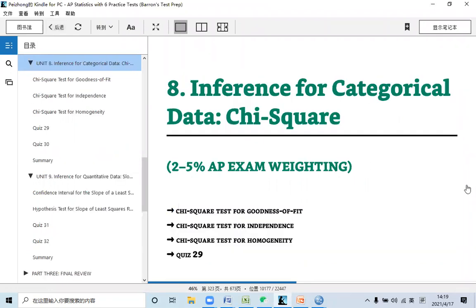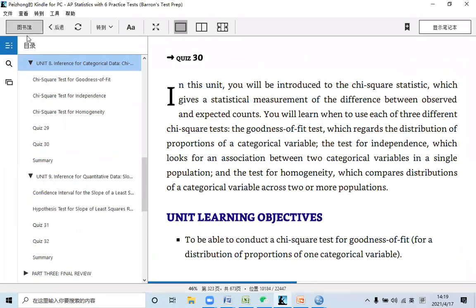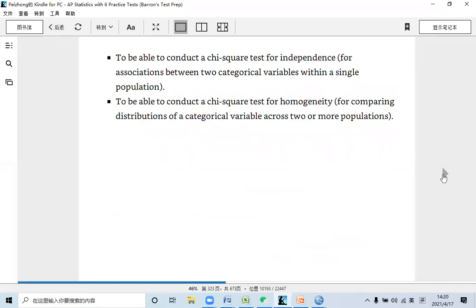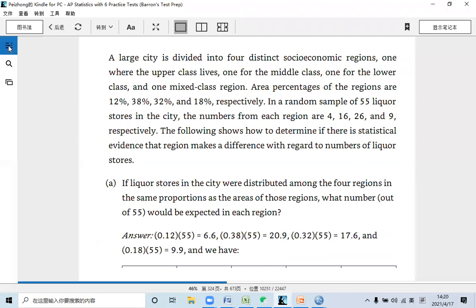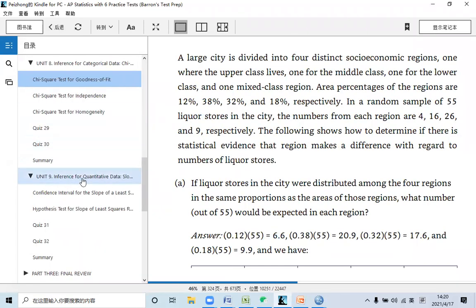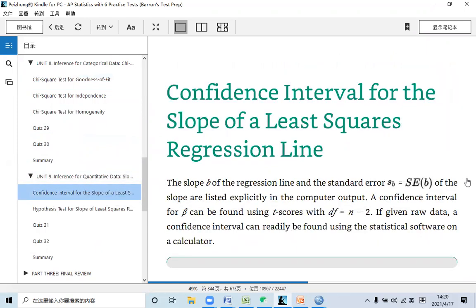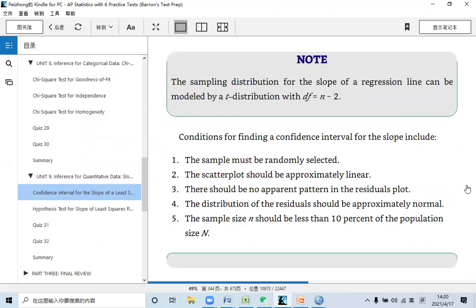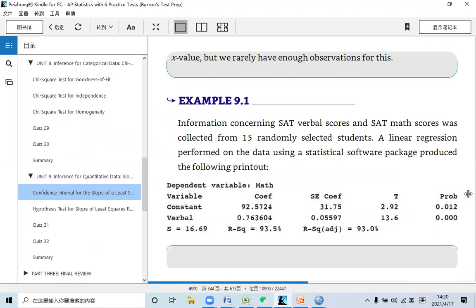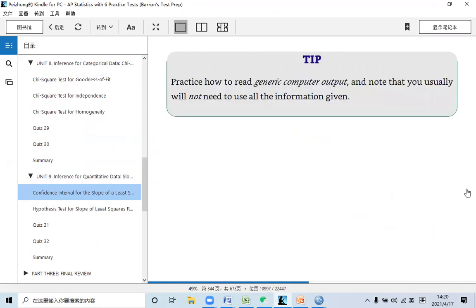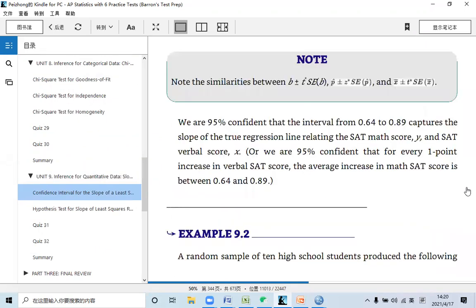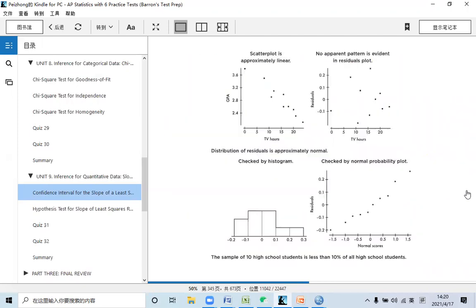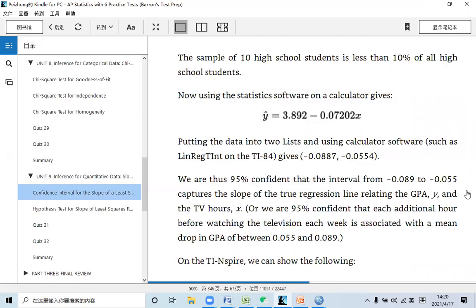Where is that? Sorry, here. This one is the one we're looking at.